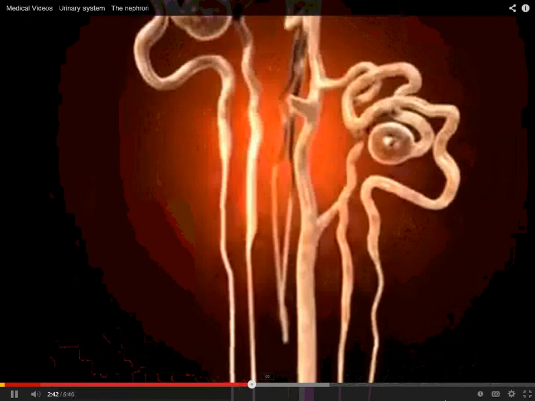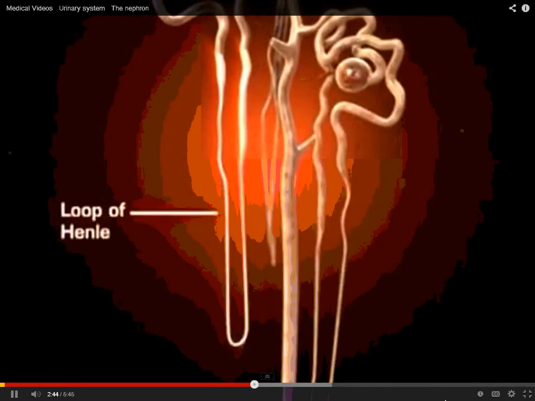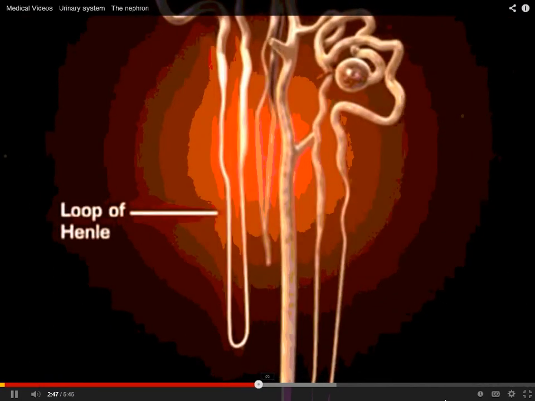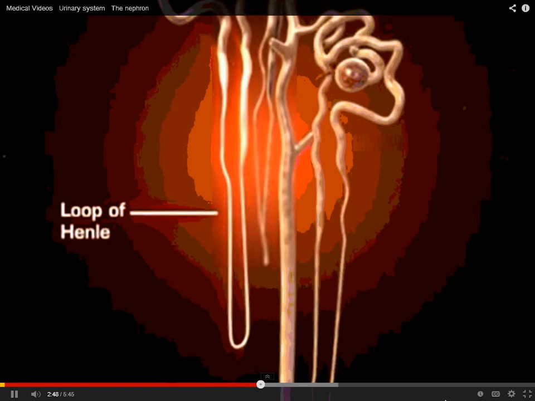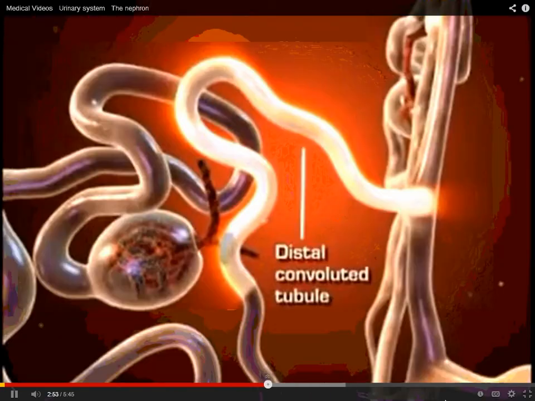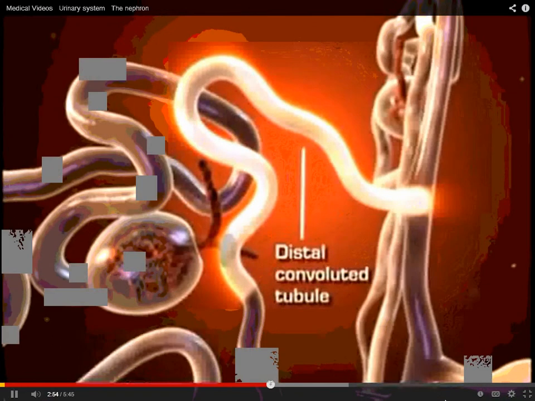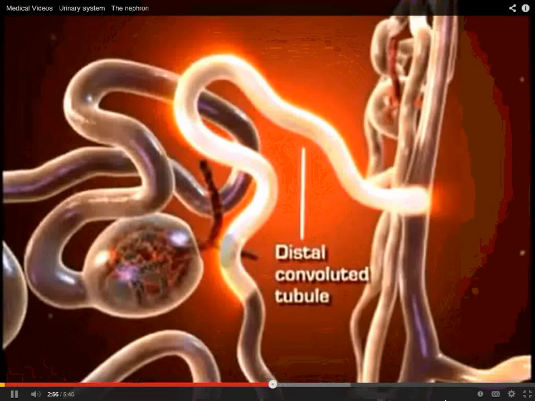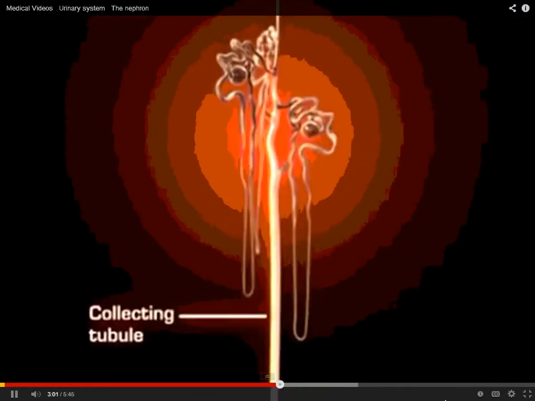A thin loop structure called the loop of Henle reabsorbs water and ions from the urine and plays a role in controlling the concentration of urine. Then the coiled distal convoluted tubule regulates potassium, sodium, and pH, and is where further dilution of the urine takes place. And the collecting tubule joins with several tubules to collect the filtrate.